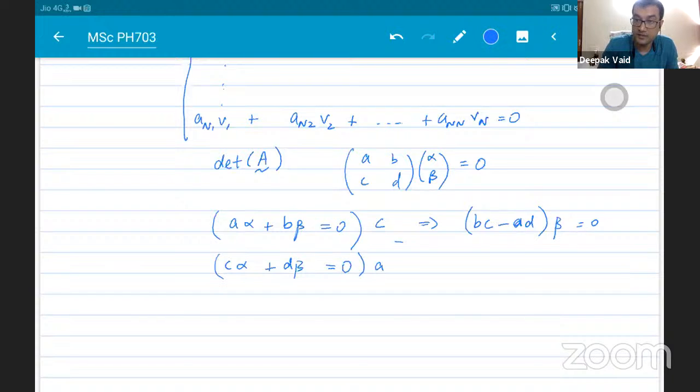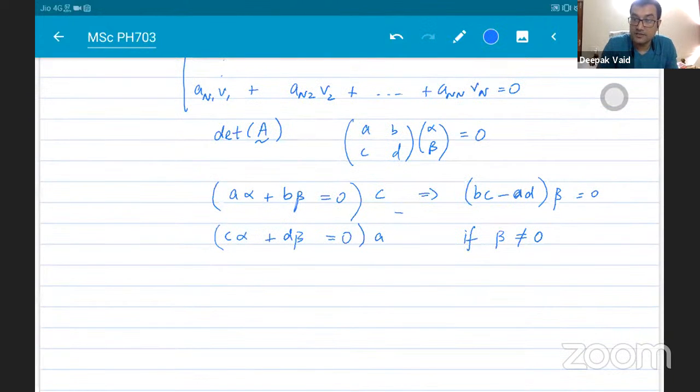Now we have already assumed that beta is not equal to 0. If beta is equal to 0, then we have a degenerate solution, a trivial solution. So if beta is not equal to 0, then BC minus AD is equal to 0. What is this? This is equal to the determinant of this matrix.